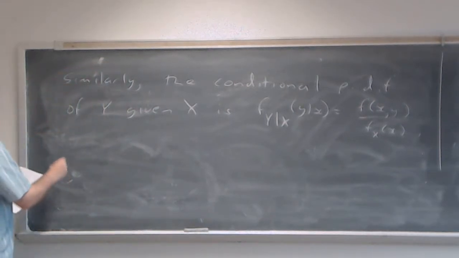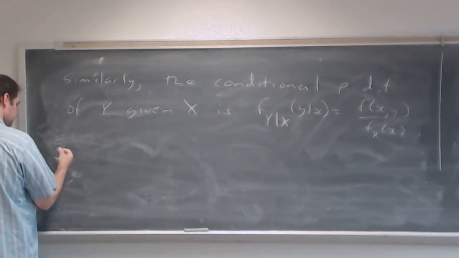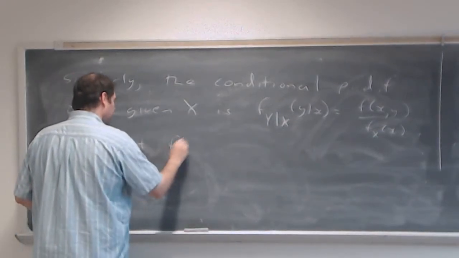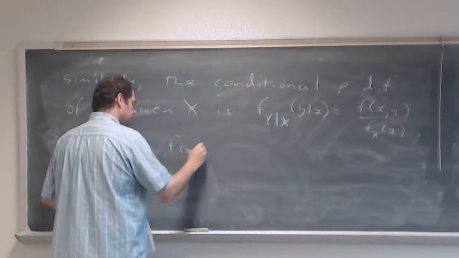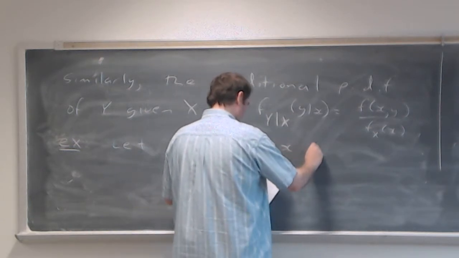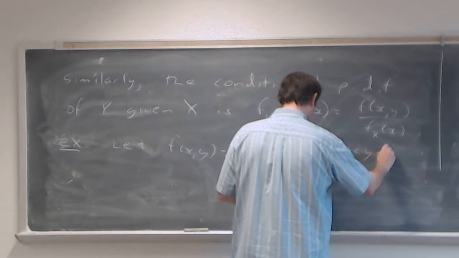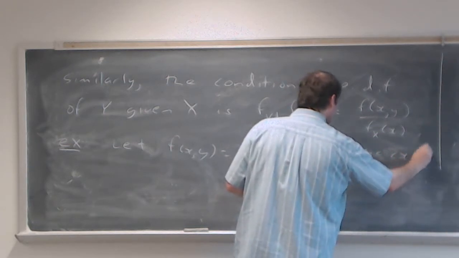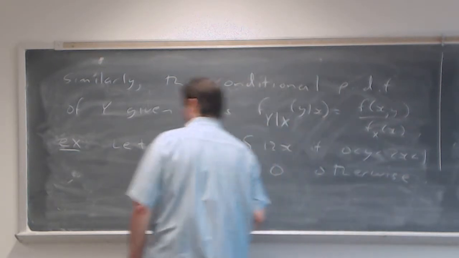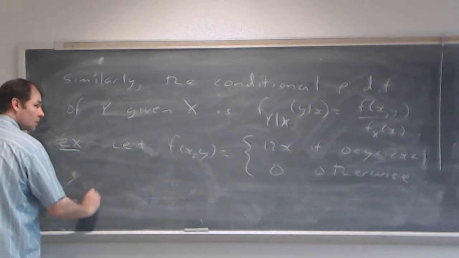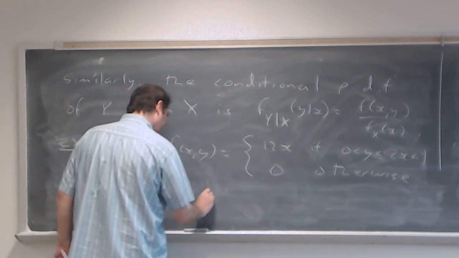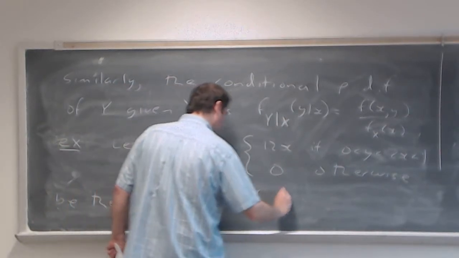So let's look at an example. My example is going to let f of x comma y be defined by 12x if 0 is less than y is less than 2x is less than 1, and 0 otherwise. That is the joint PDF of x and y.